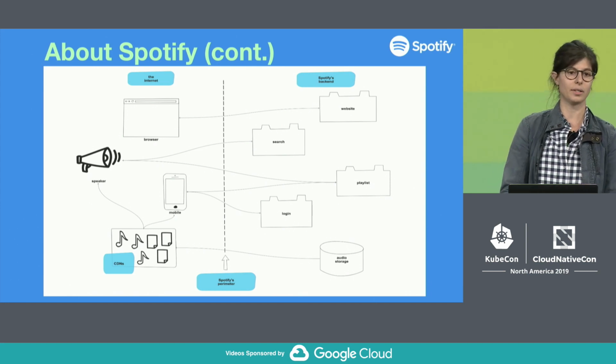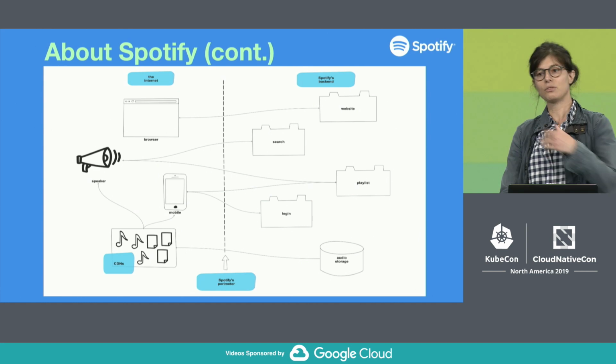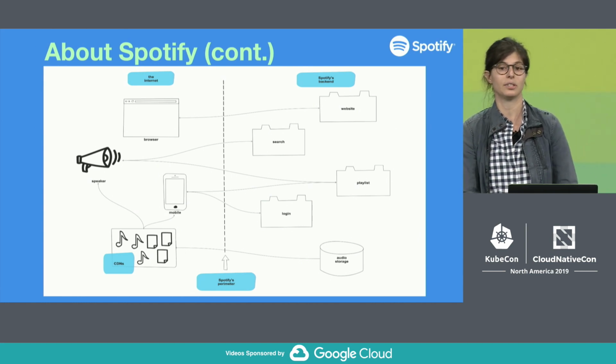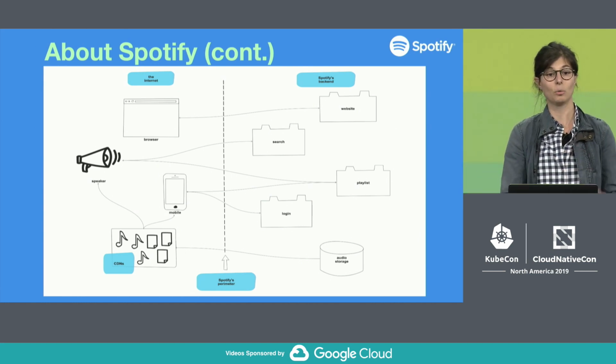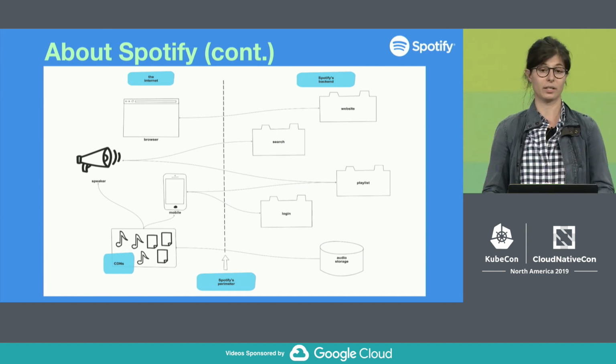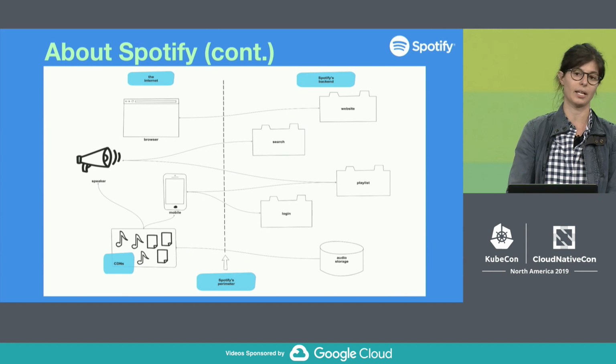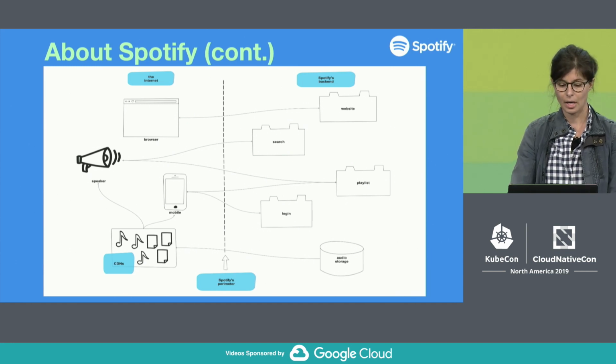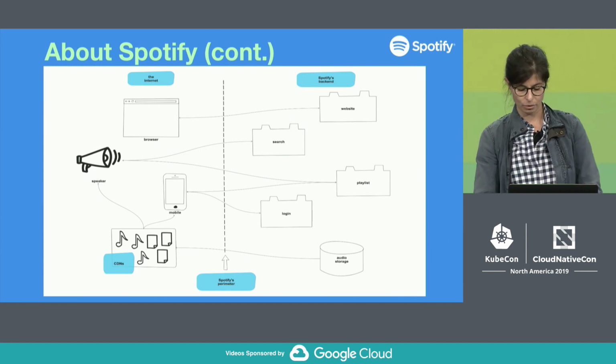And that's exactly where the perimeter comes in. It allows exposure of backend services to the internet so that clients can communicate with them. But it also acts as a protective wall between Spotify's backend and the internet. But let's now zoom in a little bit more on the perimeter itself.